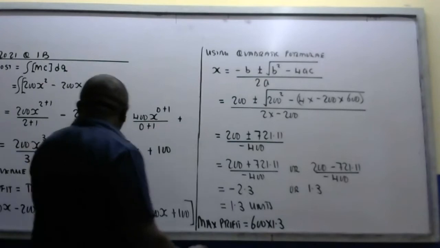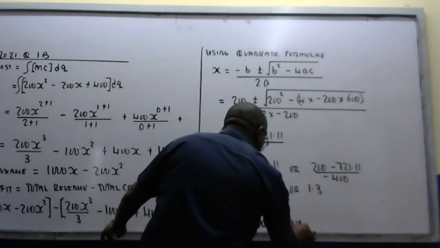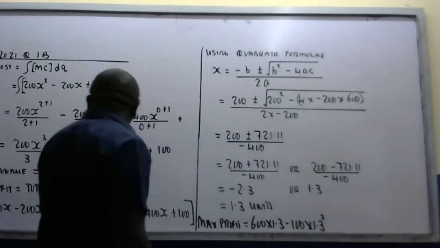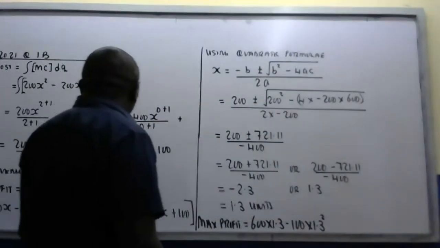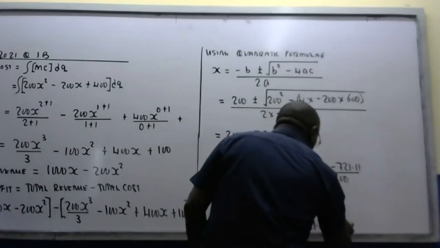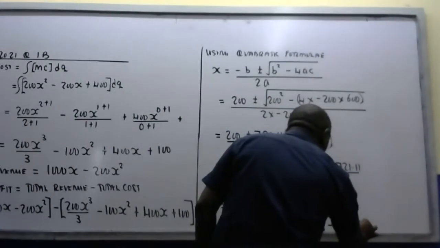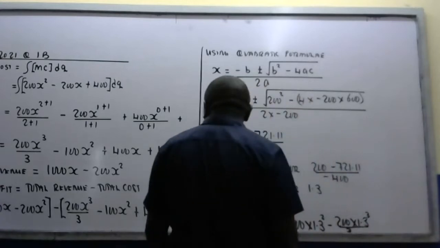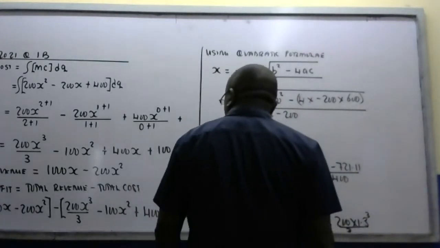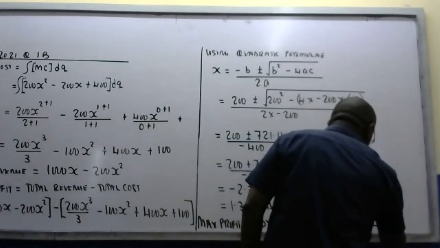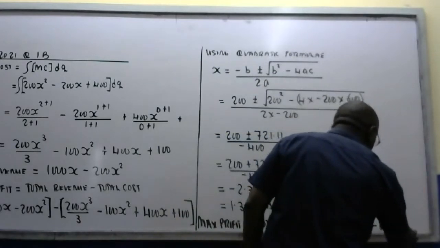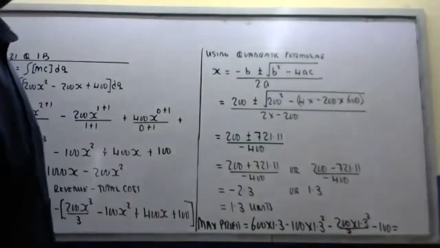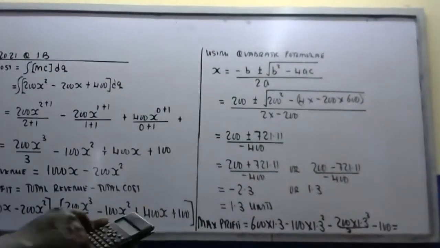Then this was minus 100x squared, so times 1.3 squared, minus 200 times 1.3 cubed, divided by 3, minus 100. So you just substitute there.